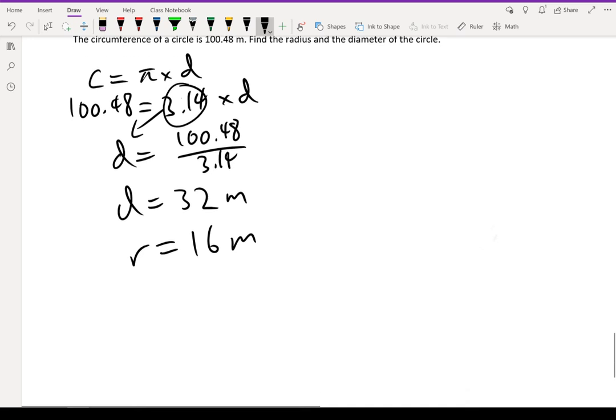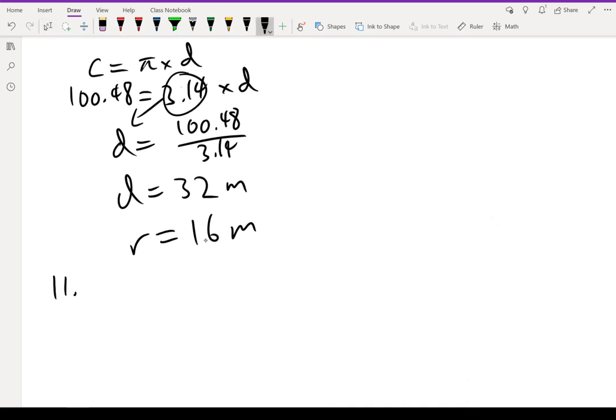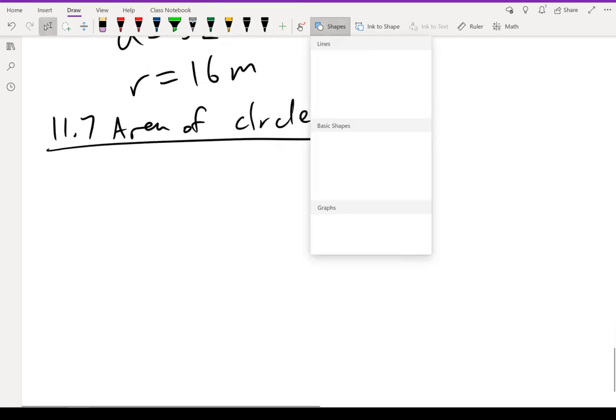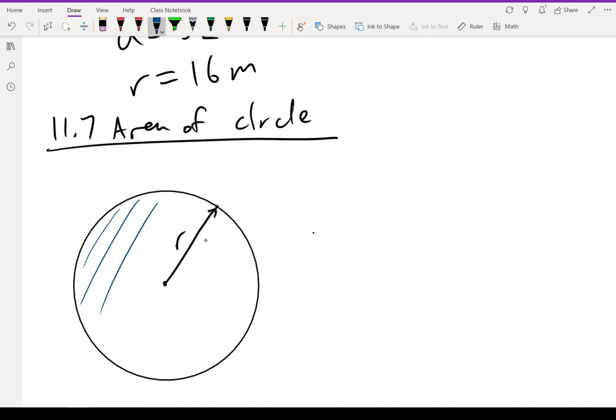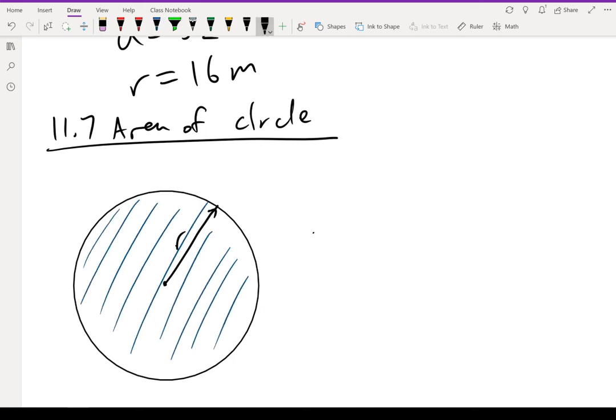Let's move on to the next topic, which is 11.7, area of circle. Now, if in a circle we have a radius over here, the area of a circle is equal to pi times, in brackets, r squared.